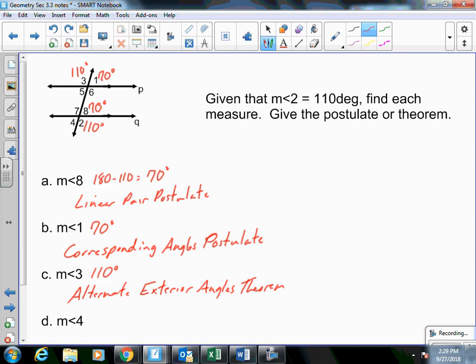All right, so last one for the measure of angle 4. Can anybody come up with a reason that we haven't used yet? Find the value of angle 4. So we're not using a linear pair, not using corresponding angles, and we're not using alternate exterior angles. What's another angle that 4 is connected to that would tell us what its measure is?